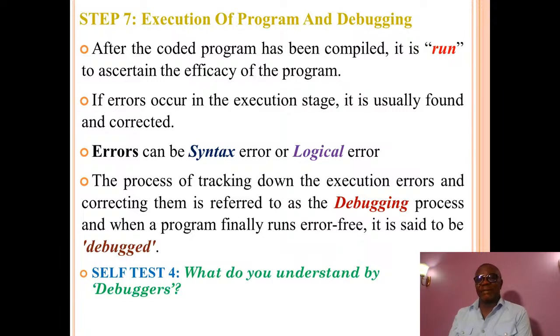When you are doing that, you are debugging. You are removing the bugs in the program. And when you finish that and your program is error-free, then it is said that your program has been debugged.